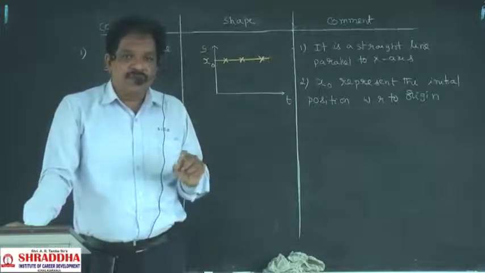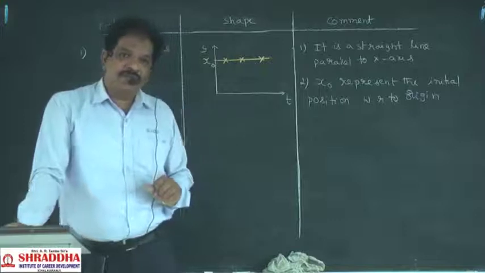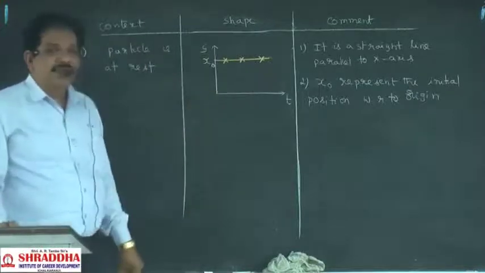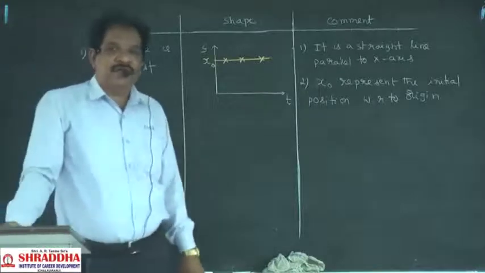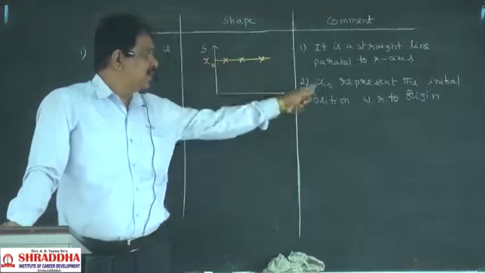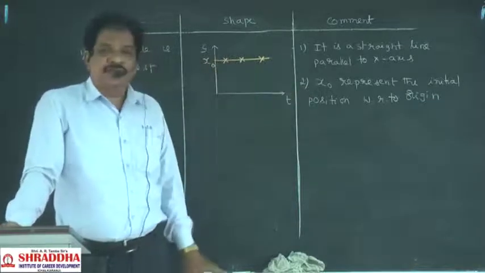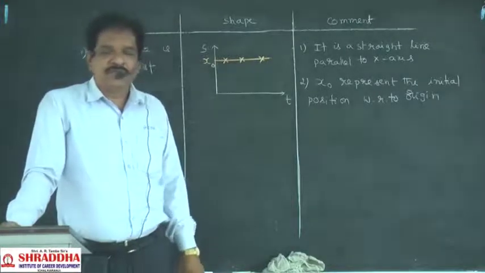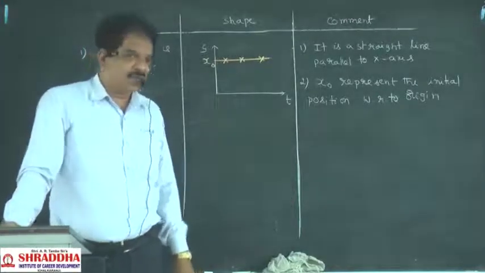If the body is at rest, then what is the shape of displacement time graph? It is a straight line parallel to x-axis. And what is x naught representing? X naught is representing initial position of the body with respect to origin.